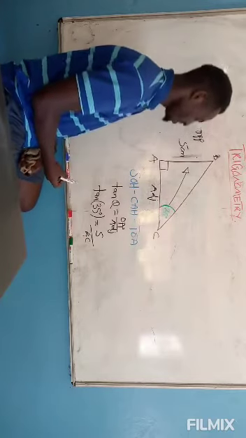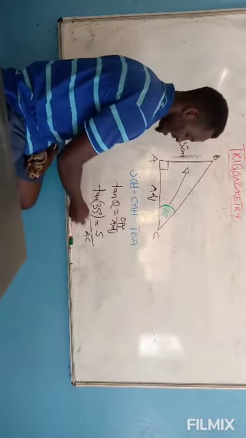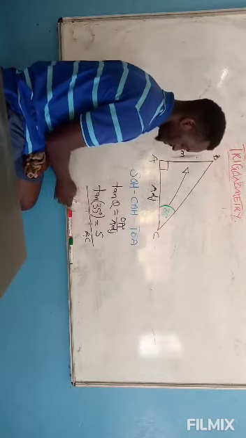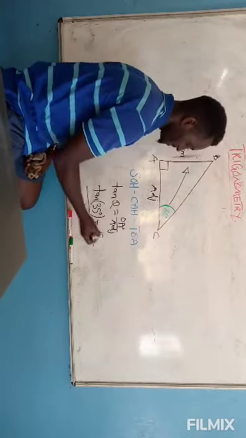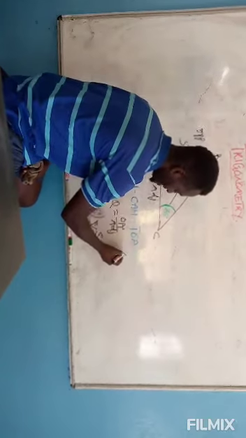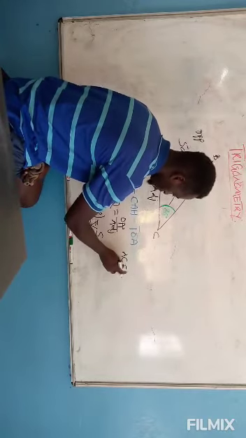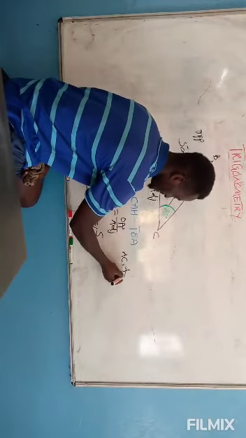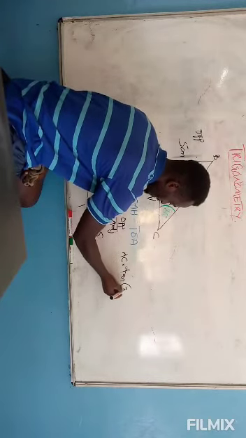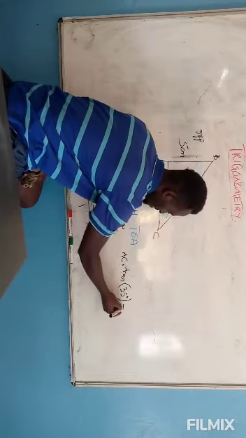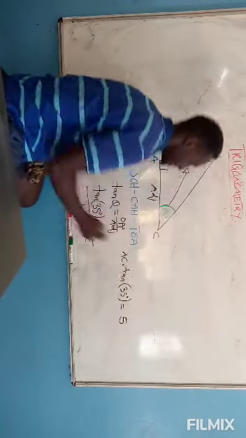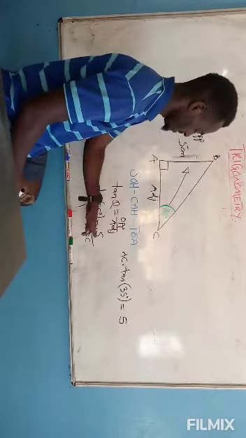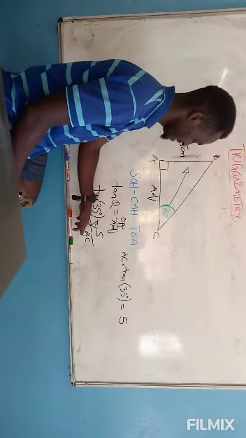So again, I'm going to cross multiply, and I'm going to get AC multiplied by tan 35 degrees is equal to 5, because 5 will multiply with 1, and AC will multiply with that.